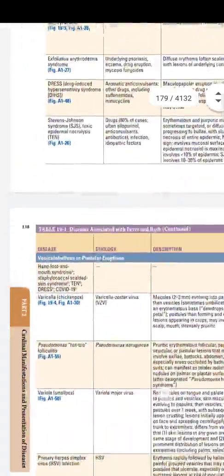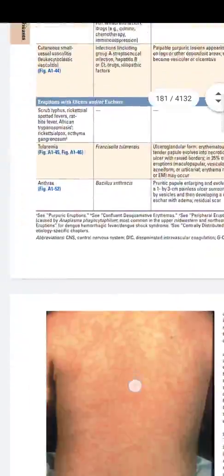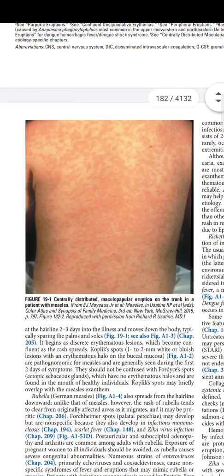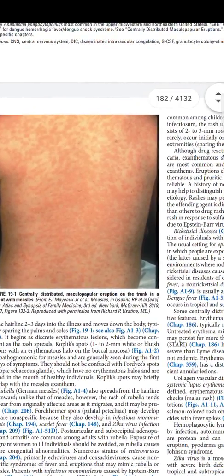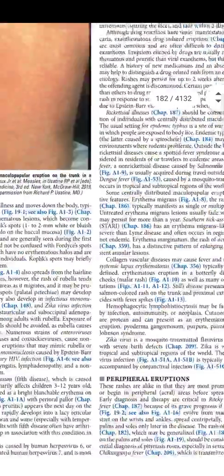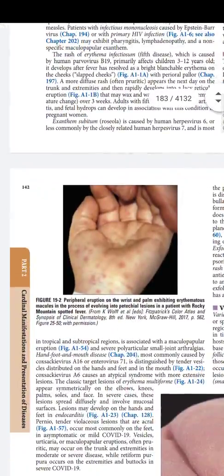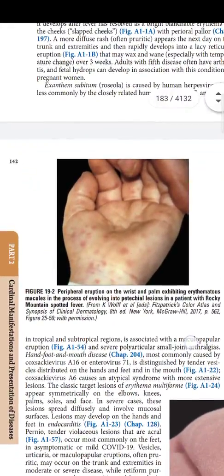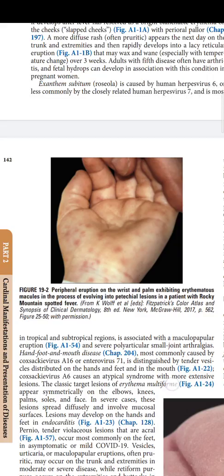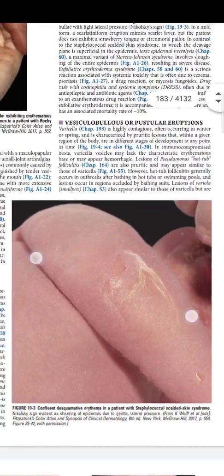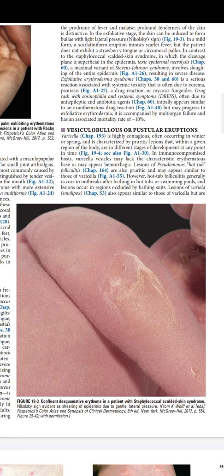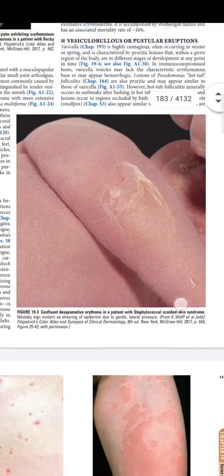In the chapter of fever and rash, there are many images like centrally distributed maculopapular eruption on the trunk in a patient with measles, and then peripheral eruption on the wrist and palm in Rocky Mountain spotted fever. This is a desquamative eruption in Staphylococcus scalded skin syndrome.